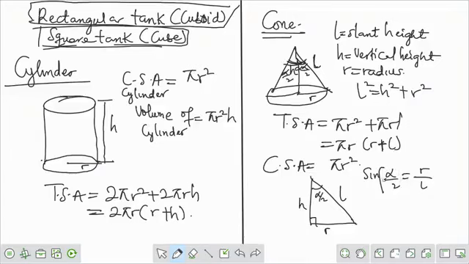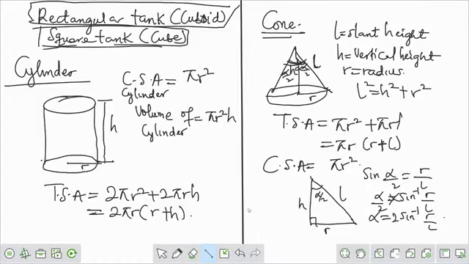Alpha over 2 is equal to arc sine r over L. If you want to get alpha, you multiply both sides by 2. So alpha will be 2 times arc sine r over L. They may ask you to find alpha. I don't say you should cram the formula, but just know the approach to find the angle.